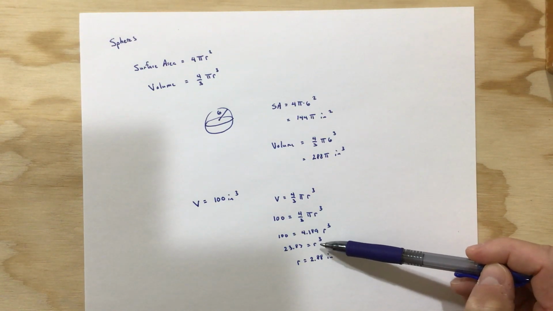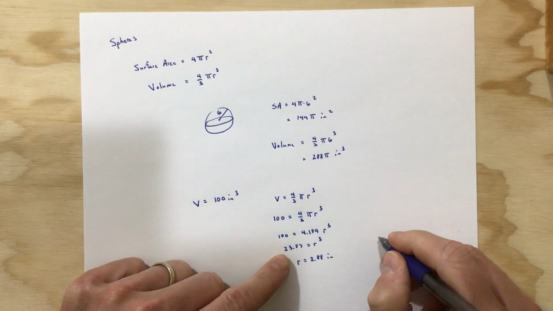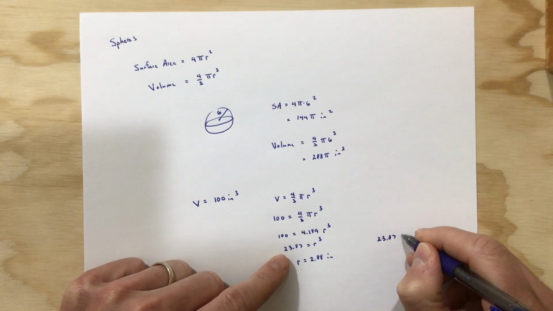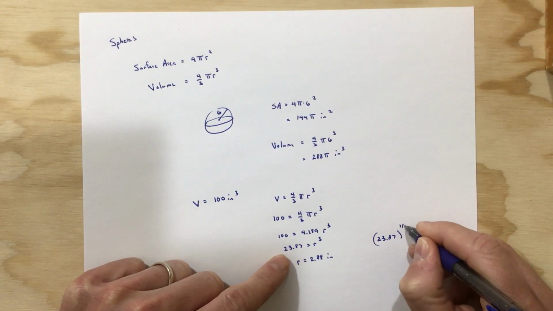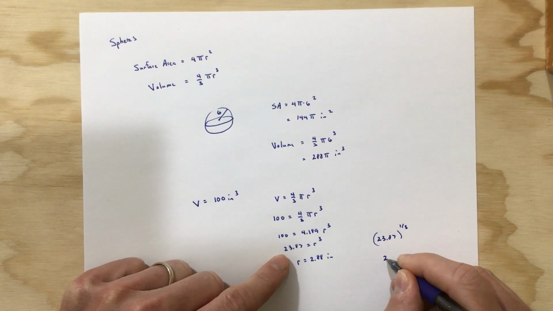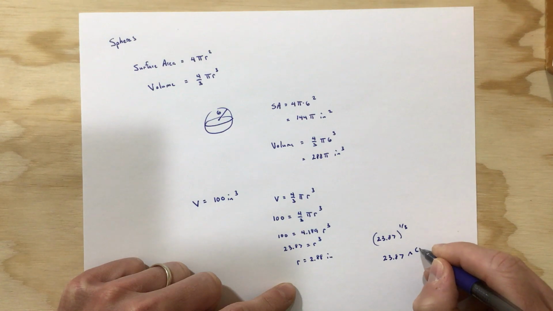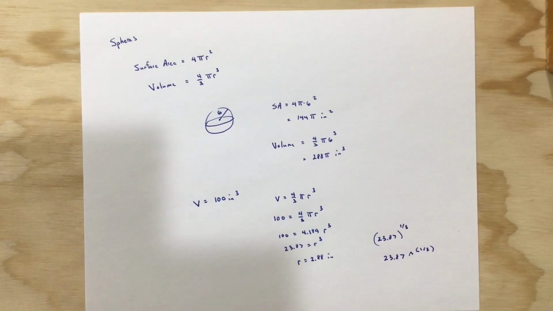Remember, the cube root of something, this step, when I wanted to take the cube root, I raised that to the 1/3 power. So I did on my calculator 23.87 caret 1/3. Okay, and that's where that 2.88 comes from. And there'll be other challenging questions you do.